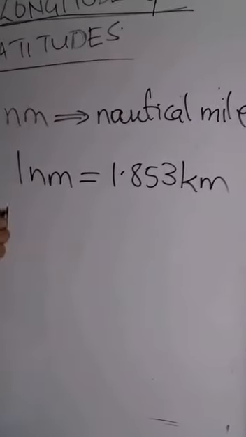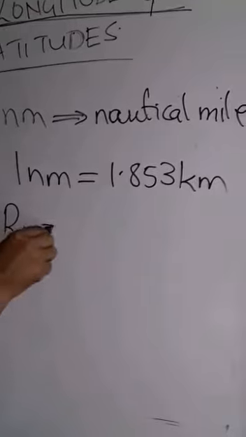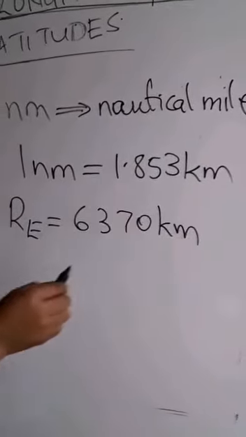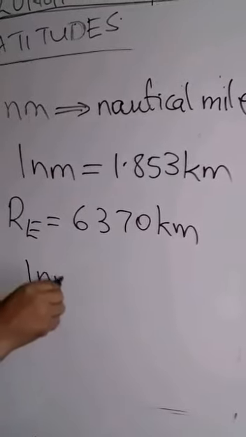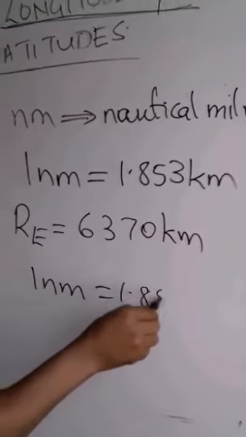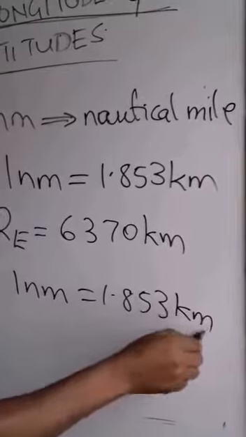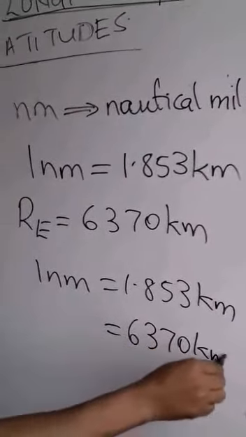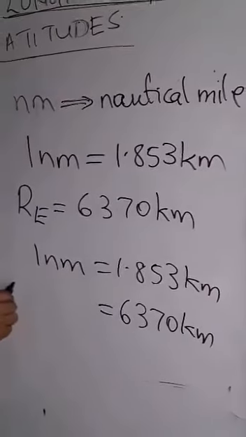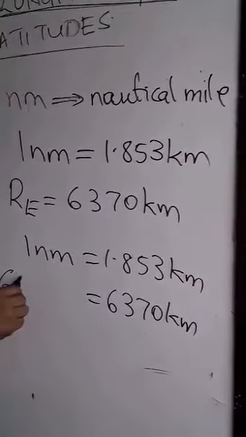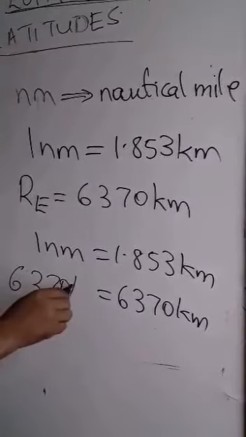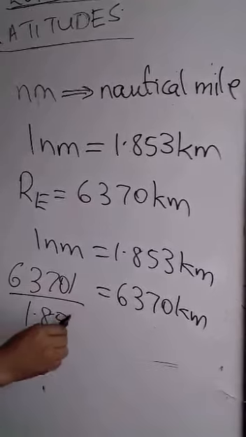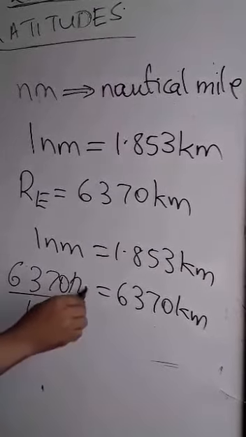For example, the radius of the Earth is 6,370 kilometers. So if 1 nautical mile is 1.853 kilometers, what about 6,370 kilometers? Using the ratio, we'll have 6,370 divided by 1.853 nautical miles.